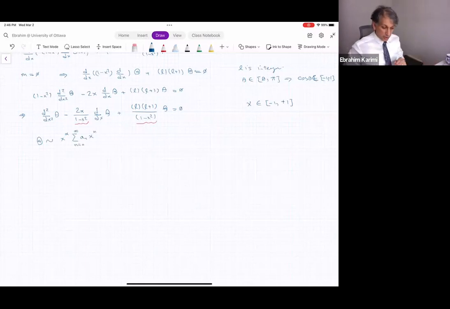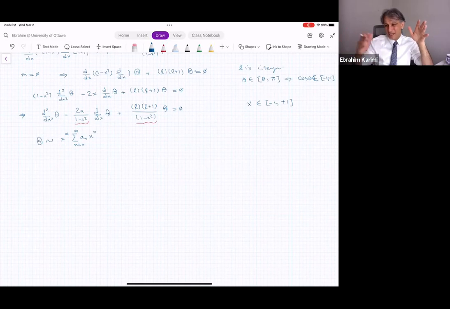Indeed, you will get a relationship among a_(n+1), a_(n+2), and so on, which essentially is between a_n and a_(n+2). So if you look at the series, it will be infinite. It is not bounded.